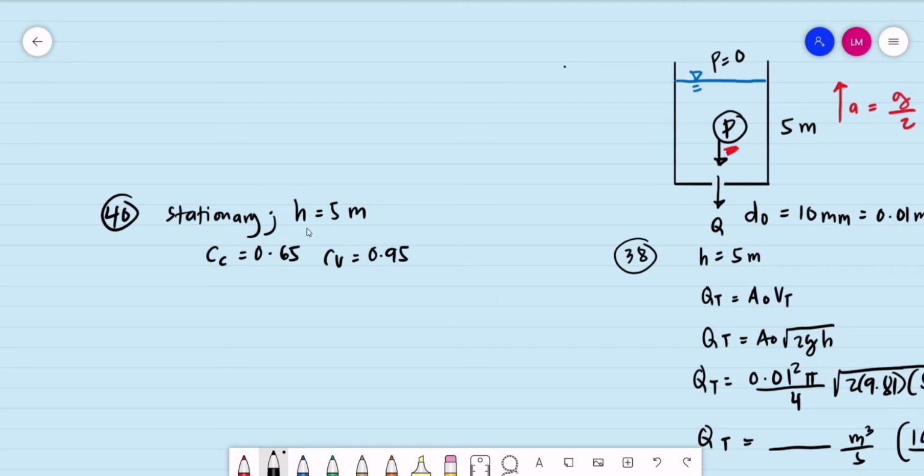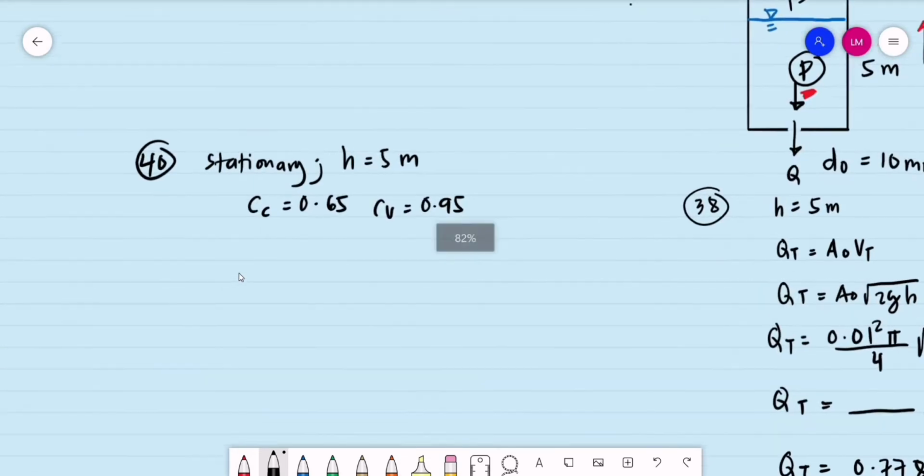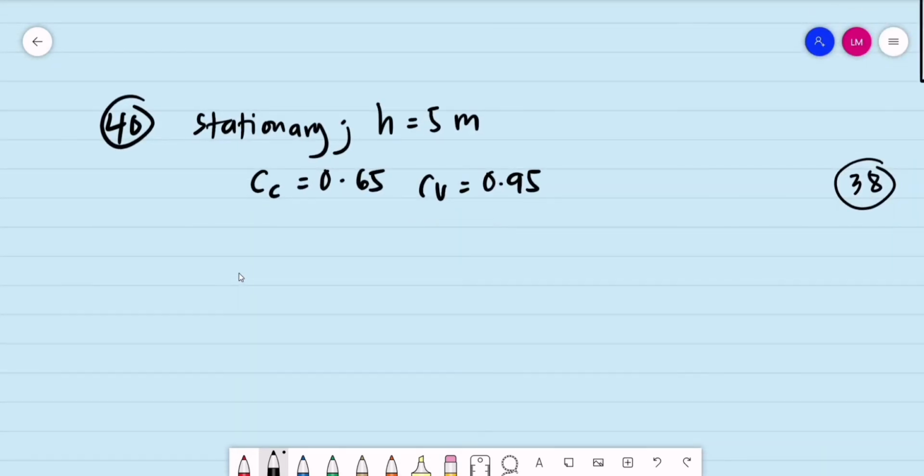Okay, check ulit natin yun. 0.65, 0.95. So, kapag given yung mga coefficients, naghahanap na tayo ngayon ng actual.